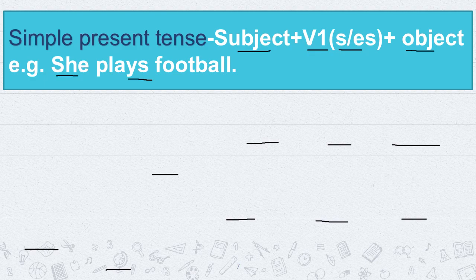As I told you online also on WebEx, we use verb first form with first person, second person and with third person plural, and s or es with the verb first form is used if the subject is third person singular. That means he, she, it or any name. So the example of the same is: she plays football. Here s has been used with verb first form.